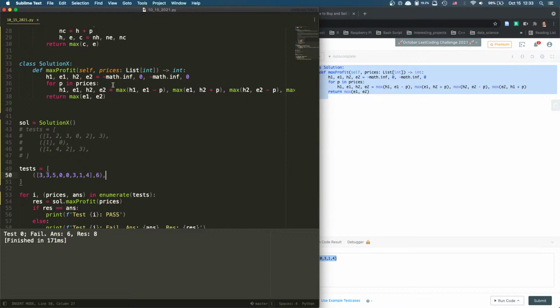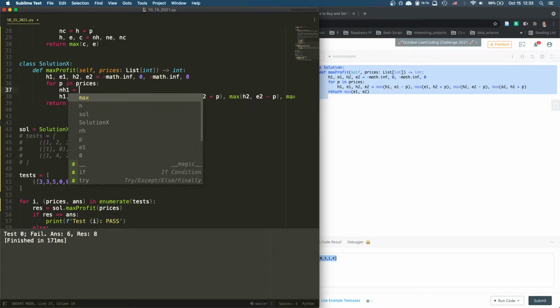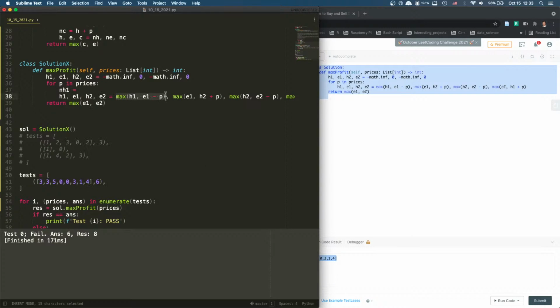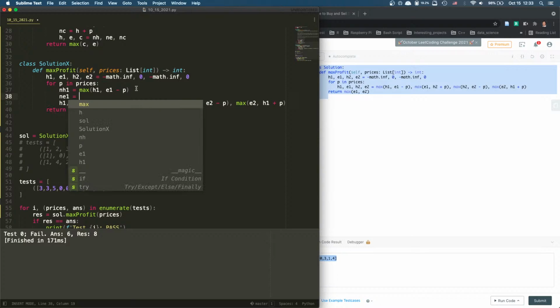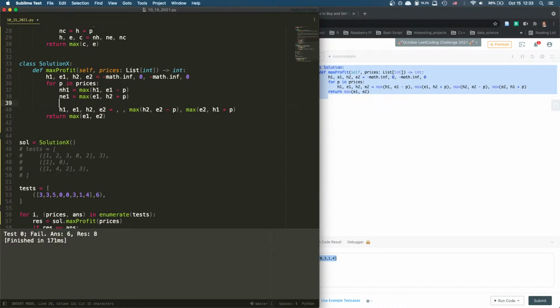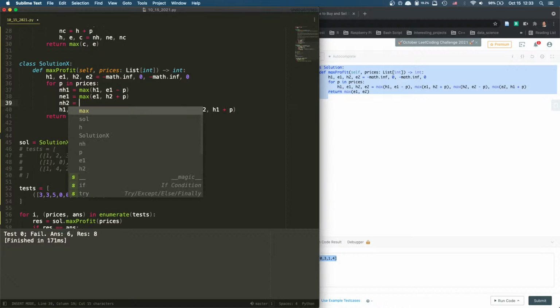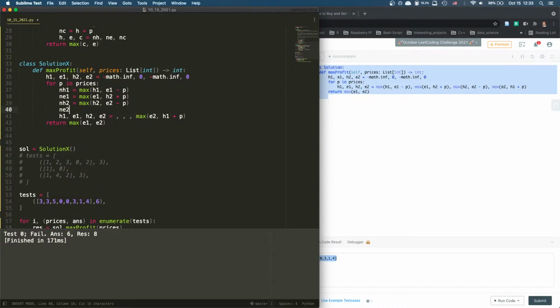All right, so let's do a stupid way. So new h1 equals, right? This is the really stupid way, but it's guaranteed to be correct in terms of the operation, the actual operation, not the logic. New h2 equals this, and new e2 equals this, right?